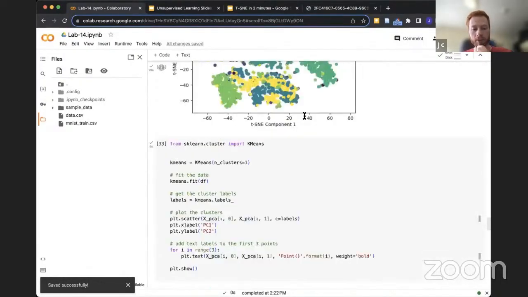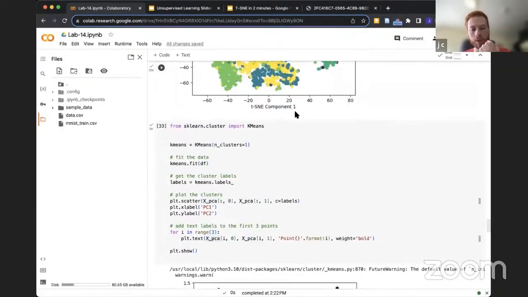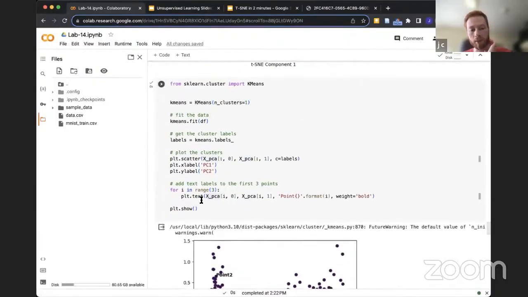So to recap, we run k-means just with one cluster for now, fit it on the data, and we get for each data point a label. Why am I still using PCA to show the result? We're doing k-means now.